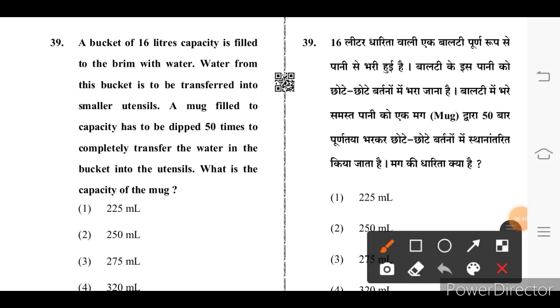So the question is, given a bucket of 16 liters capacity, we use a small mug to remove water from this bucket. How many times? 50 times to remove that water. So they asked what the mug's capacity is.